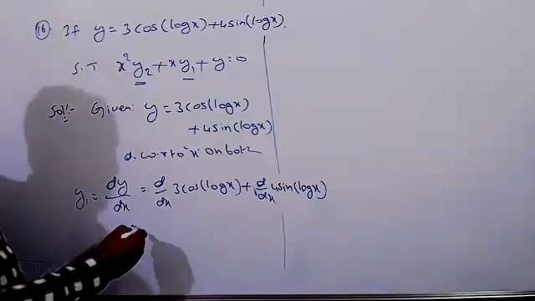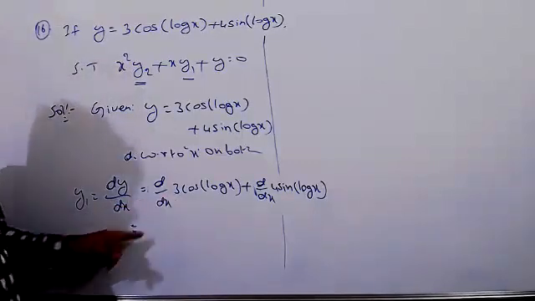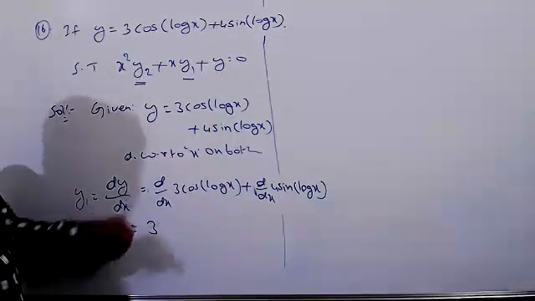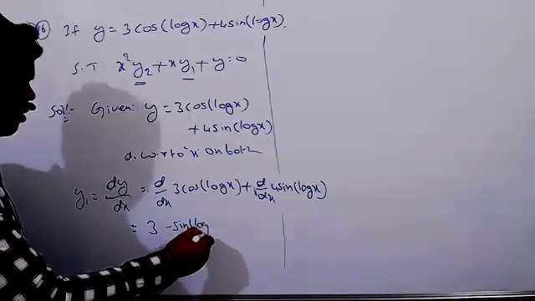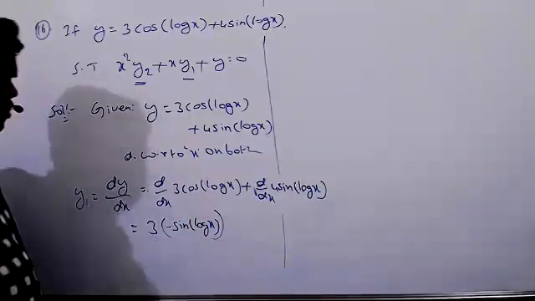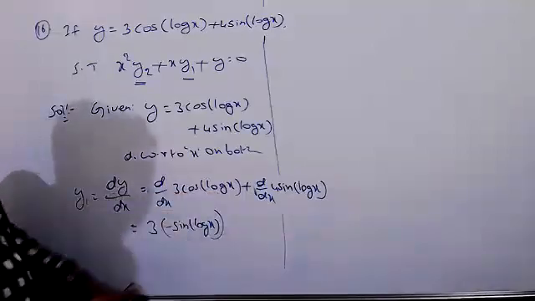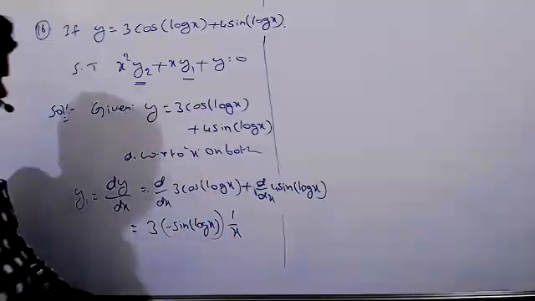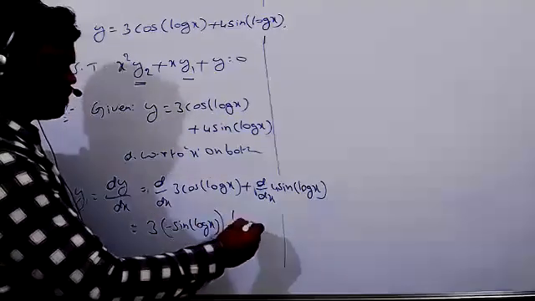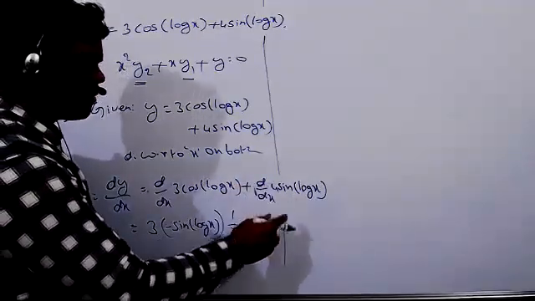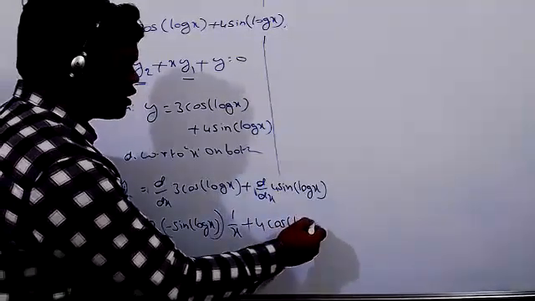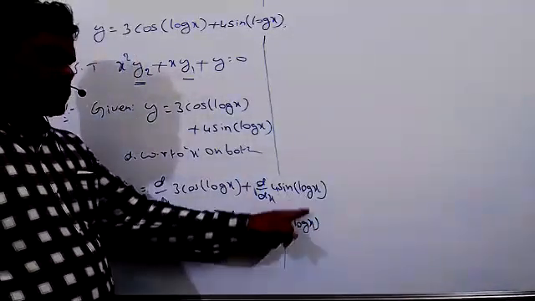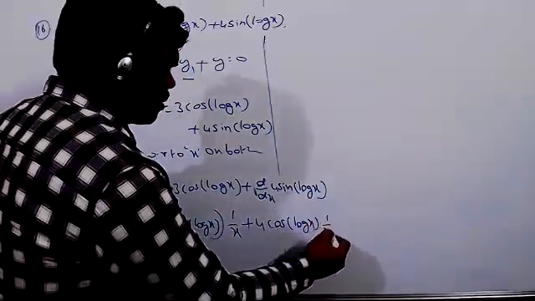Here 3 is the constant value, take it outside, and the differentiation of cos x we know very well is minus sin x. So minus sin of log x into again the differentiation of log x, which equals 1 by x, plus 4 is the constant value, and the differentiation of sin x is cos x, so cos of log x, again into the differentiation of log x equal to 1 by x.